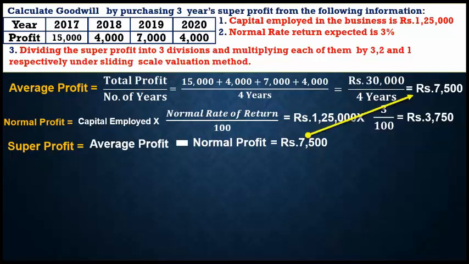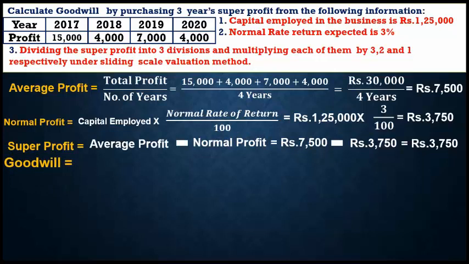Average profit is equal to 7,500 minus normal profit, also calculated here, 3,750. What is the super profit? 3,750.